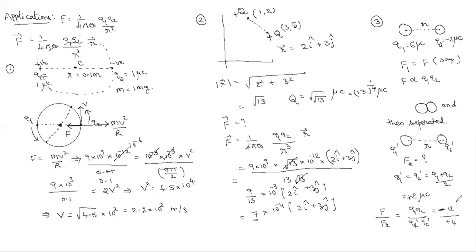So F2 is finally minus F by 3. If they ask the magnitude, that is F by 3.